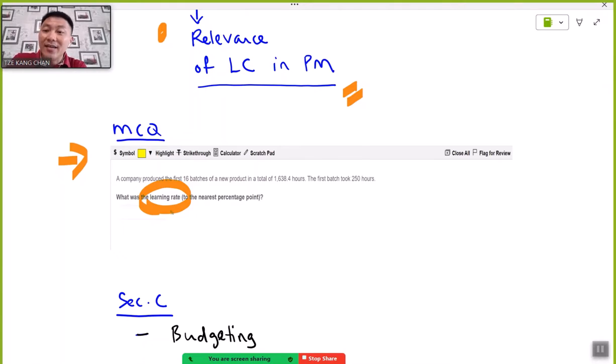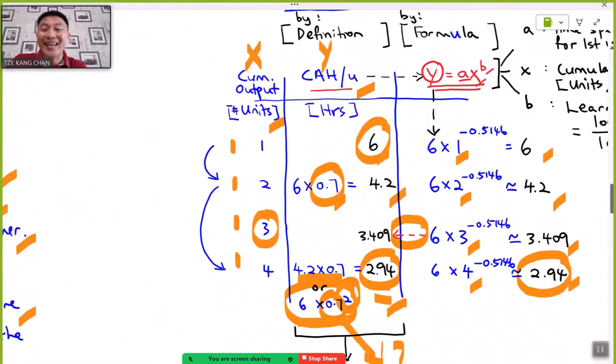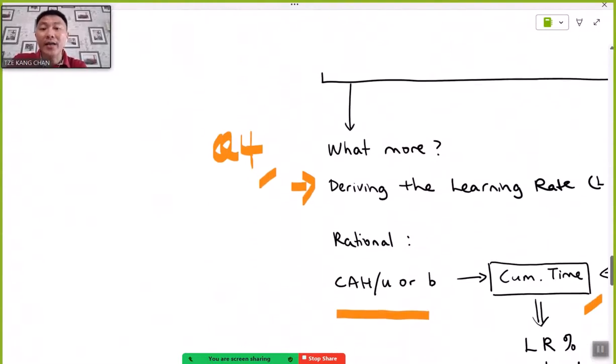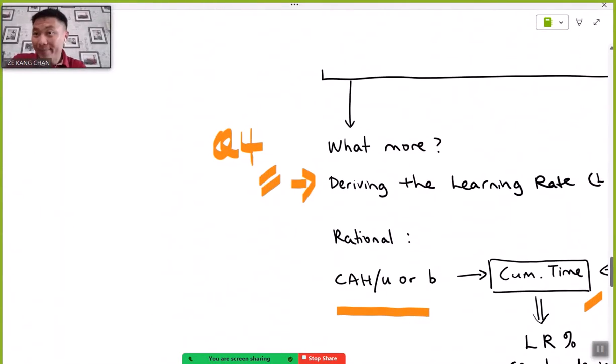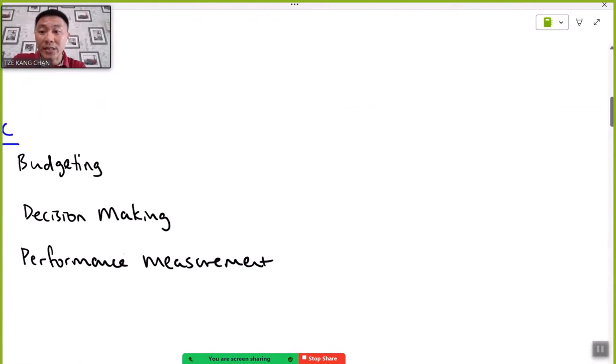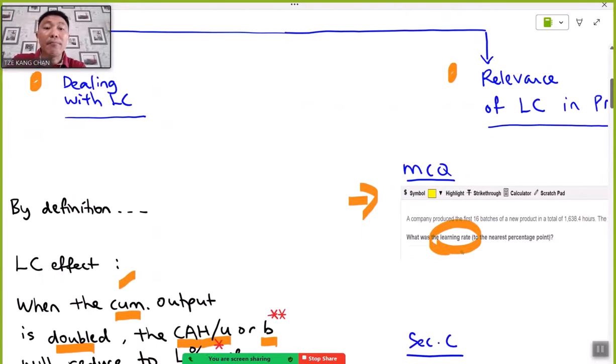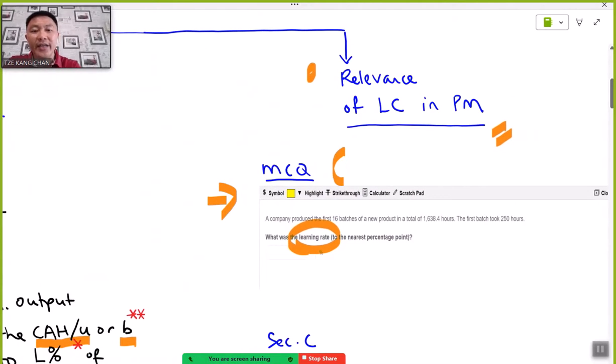As we said, the learning rate is one of the questions discussed a while ago under question 4. What you have to do is apply the approach of question 4 in dealing with the multiple choice. It is a typical question 4.